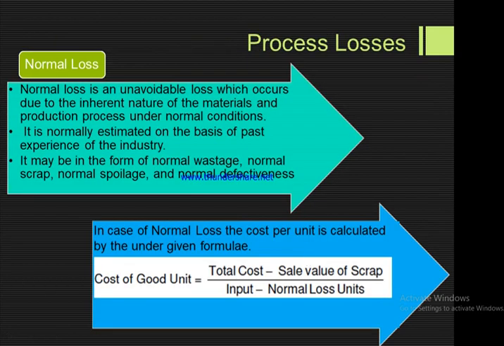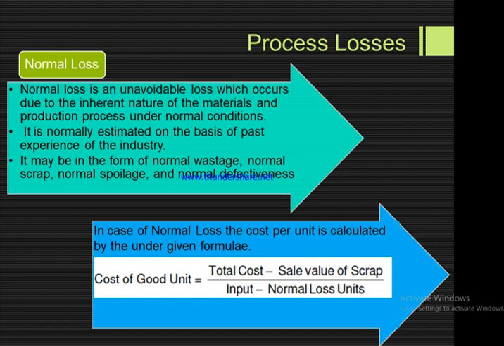Now, what is normal loss and how are we going to capture the value of this normal loss? A normal loss is an unavoidable loss which occurs due to the inherent nature of the material and the production process under normal conditions, which means the nature of the product itself is such that by default we will be incurring this normal loss.